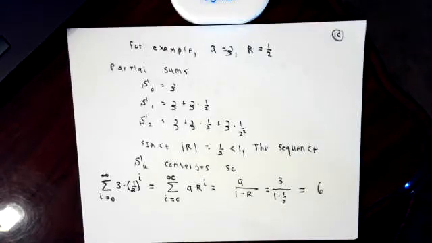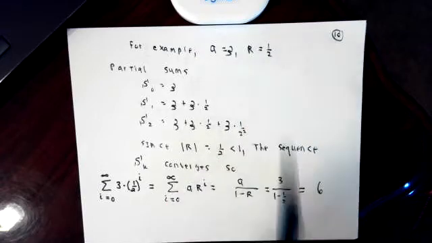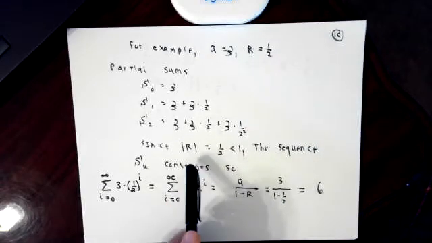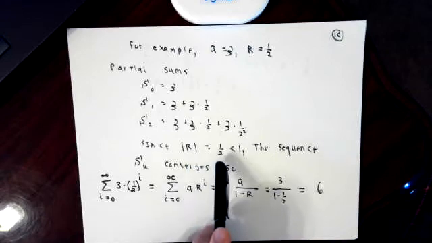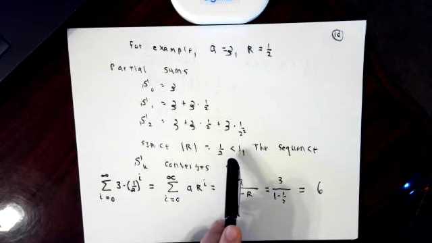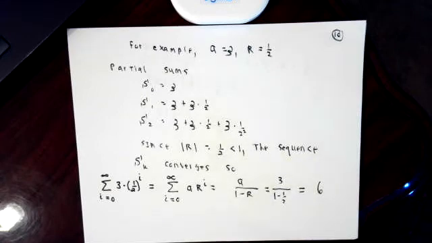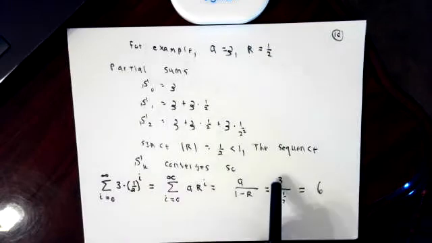For a specific example, suppose that A was 3 and R was a half. We can write out a few of the partial sums to see what we're looking at here, but the important feature is that R is a half. The absolute value of R is 1/2, which is less than 1, so I know this infinite series converges. Not only that, I know it converges to A over 1 minus R. The A, the initial term, was 3.